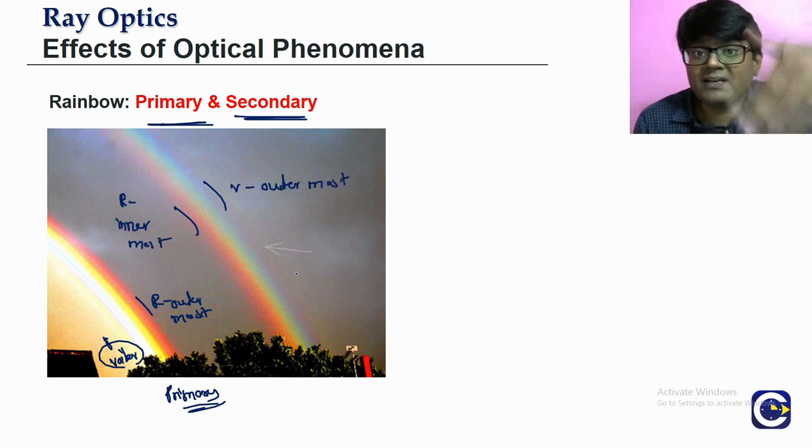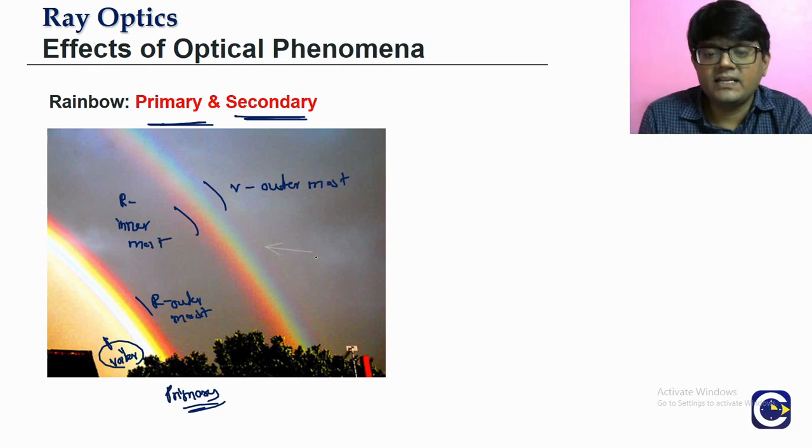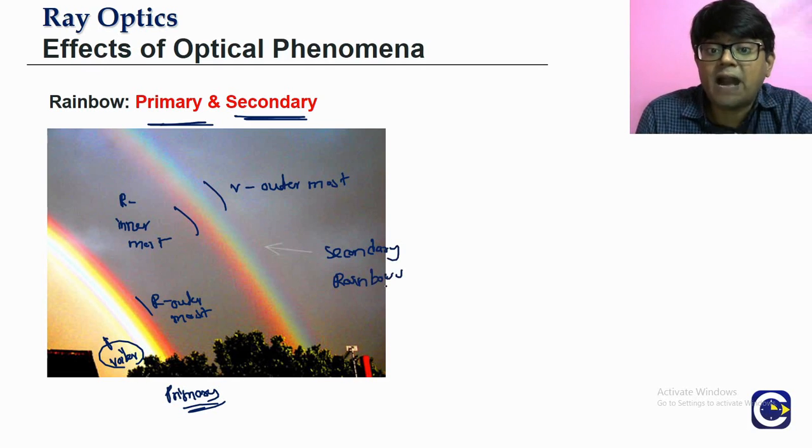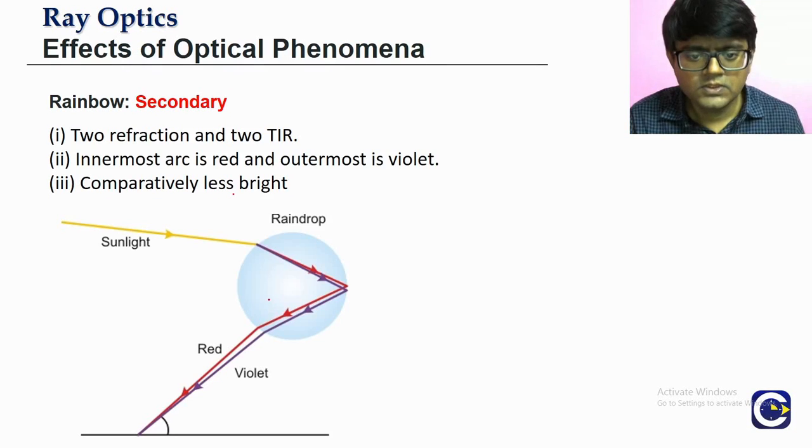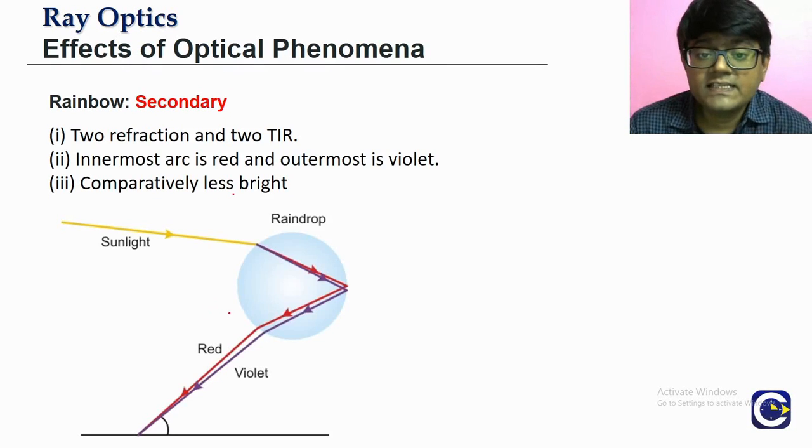Not only is the pattern reversed, this is the secondary rainbow, and it is also dull. We'll see the reason for the formation of the secondary rainbow.